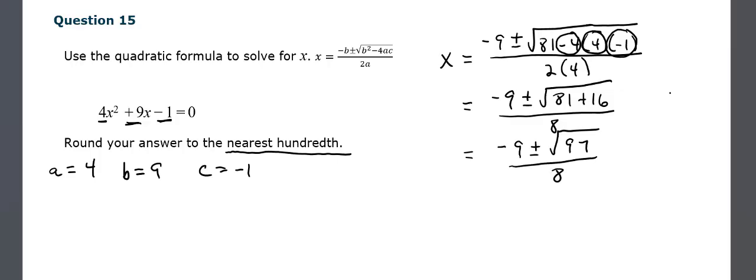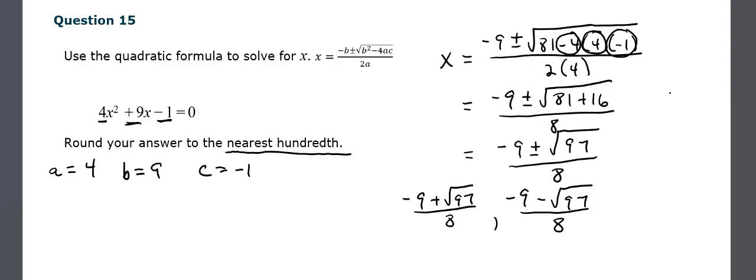So now we need to put this in our calculator to find our two answers. So remember, we have two answers. We have negative 9 plus the square root of 97 over 8 that you're going to put in your calculator, and then negative 9 minus the square root of 97 over 8.